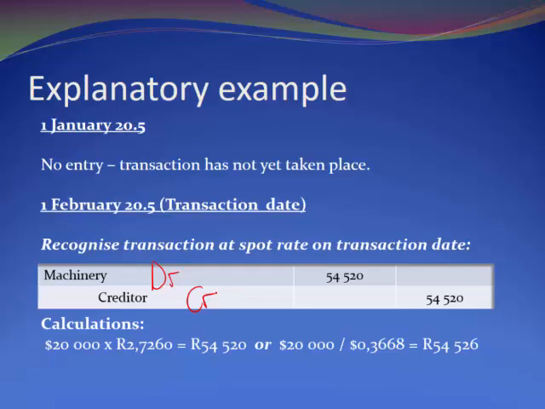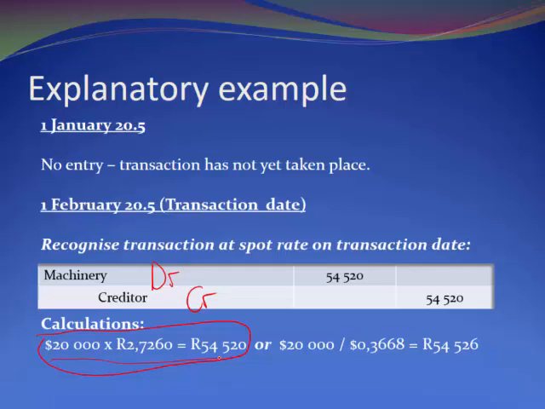So how did we calculate that? Let's just look at that first calculation there. Our $20,000 times 2 Rand 72.6 equals 54,520. That is if the exchange rate was given to you in that format.